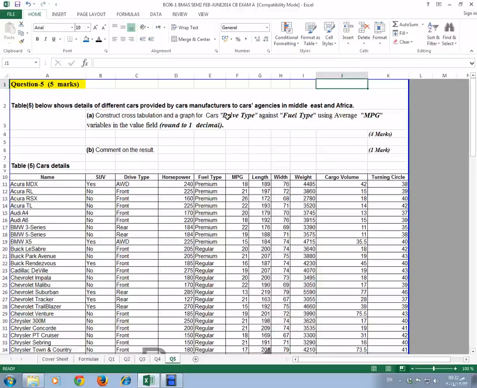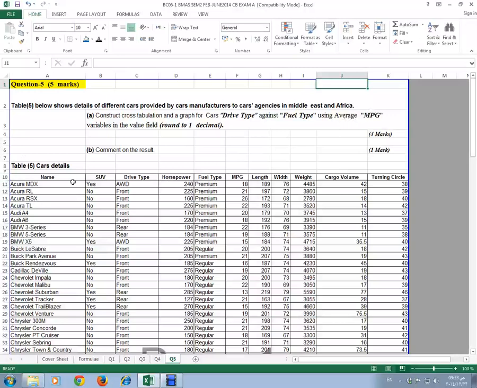And a graph for cars, the drive types of the cars against the fuel type, using MPG average. That means we want the average for the MPG variable in the value field. So we want to cross these two, and we have the average of this one to be in the value field.